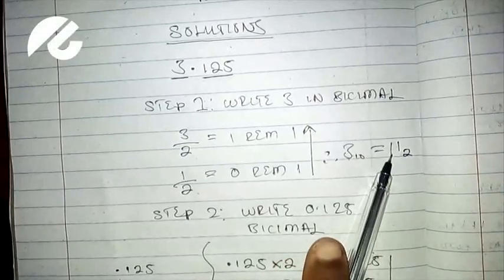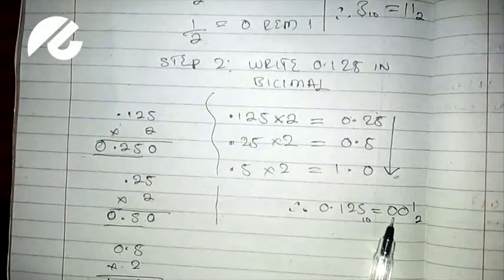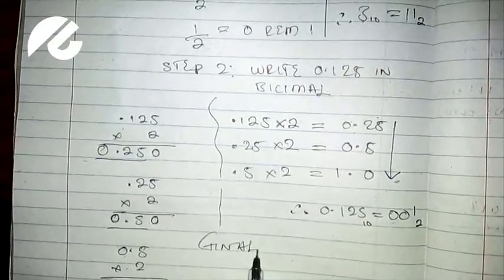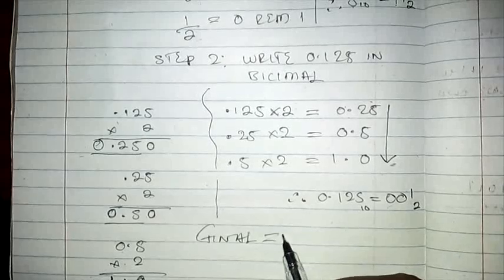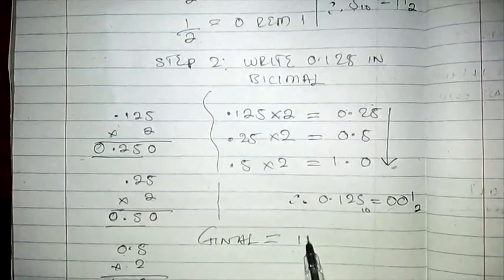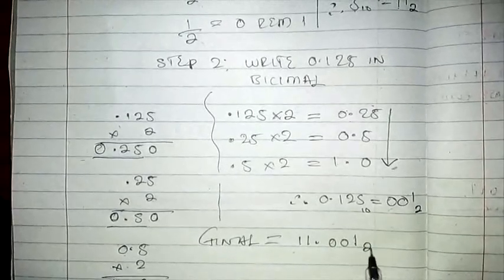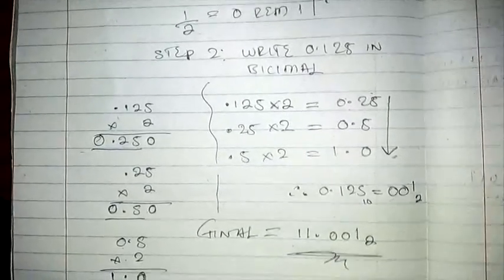So the final answer will be a combination of this and this. So the final answer equals 11.001 base 2. So that's our final answer.